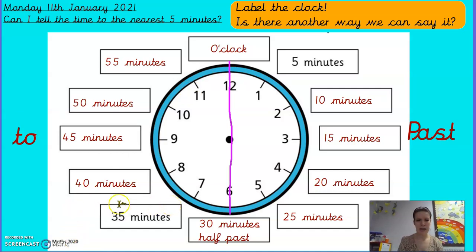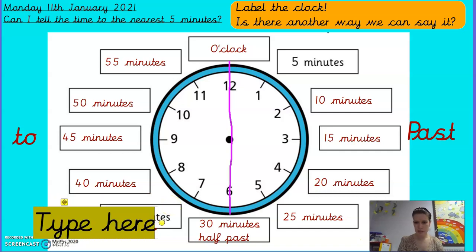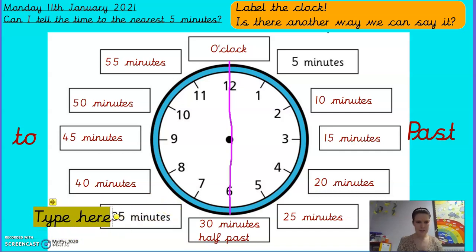Okay, welcome back. So I'm just going to make my text a bit smaller. So I can also say, and you may have heard it when you ask what the time is or someone's telling you the time, on this one, you say it's 25 minutes to the next hour. Okay, we just make that a little bit smaller so it's nice and clear.